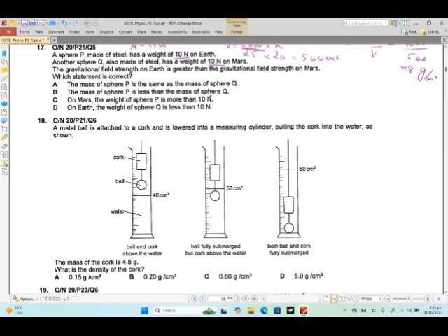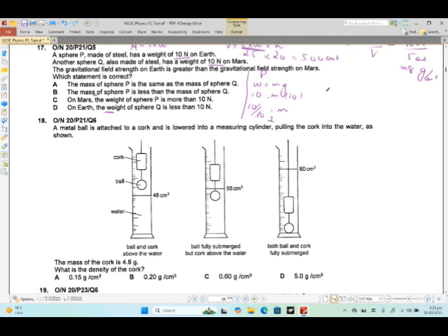This question we can solve very easily. We know that the weight of sphere P is 10 on Earth. So we can easily find its mass, because the answers have mass and weight. So we can just solve this question. For P, W is equal to mg would be, weight is 10, and we are taking the value of g to be 10. 10 divided by 10 is the mass.